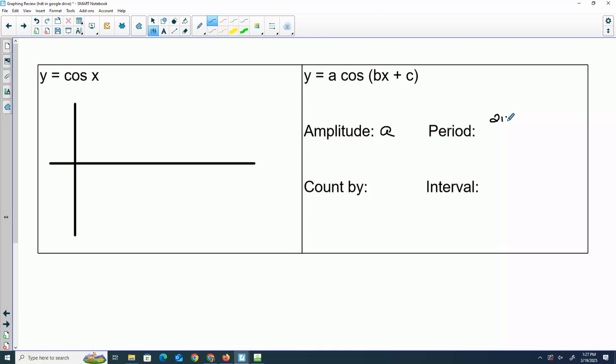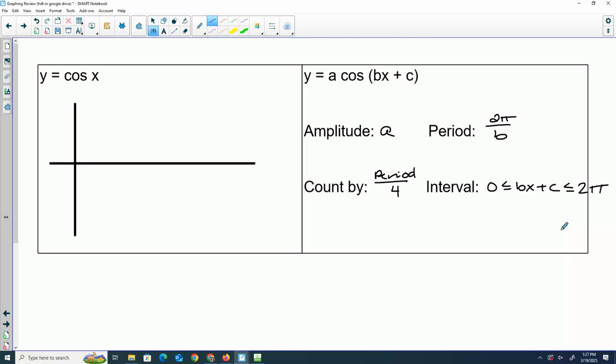Period is just 2 pi divided by the number in front of x, so 2 pi over b. Count by is always period divided by 4 for the 4 quadrants. Interval, we have to set it up between 0 and 2 pi. And in fact, for 4 of our 6 trig functions, this information is the same.